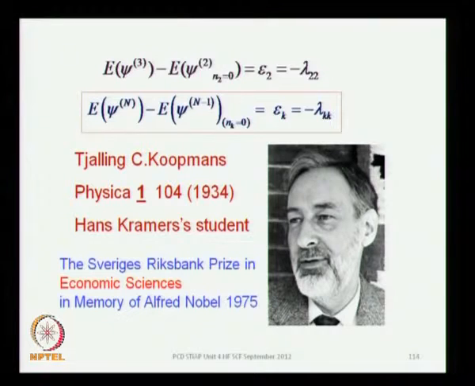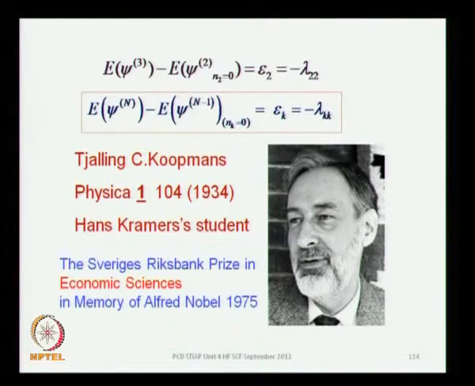This is not called a Nobel Prize, but the Sveriges Riksbank Prize in memory of Alfred Nobel. It was not instituted by Nobel, but in his memory, and it is considered to be equivalent to a Nobel Prize.